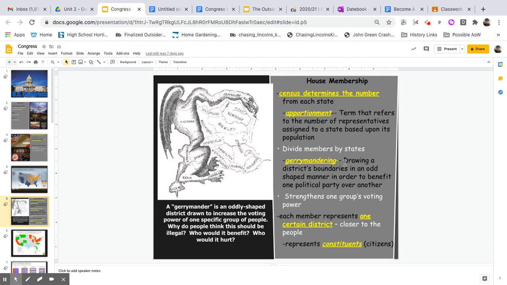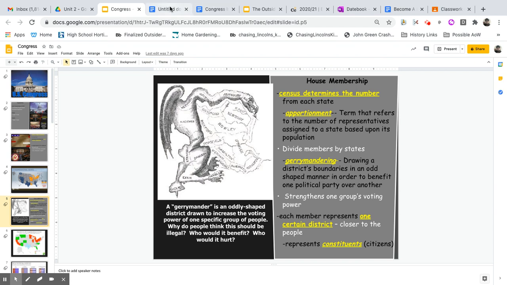And another unfortunate part of that is gerrymandering. Gerrymandering is really just drawing political boundaries to help one party over another. And it is illegal. It shouldn't happen, but it does pretty frequently.